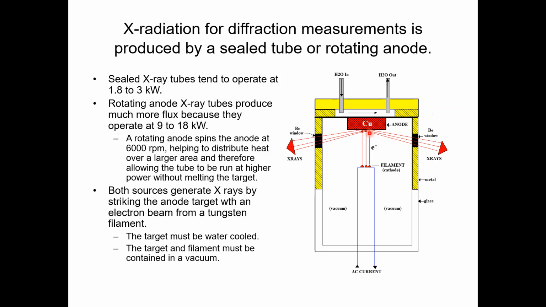So both sources generate X-rays by striking the anode target with an electron beam from a tungsten filament. The target must be water cooled. Why must it be water cooled? Because if we do not cool it with water, after it reaches a particular temperature, the anode will start melting.